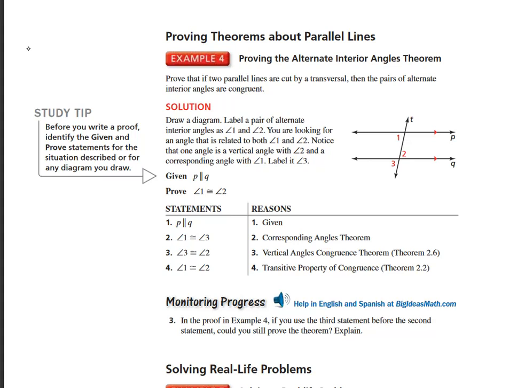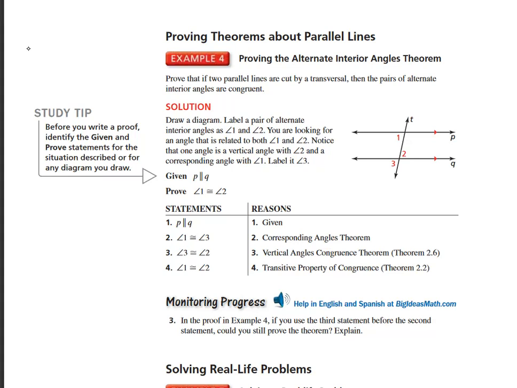Which is especially sad for me because it's like my favorite part of geometry. It was the thing that made me think, maybe I really like math. But it takes a lot of time. It's not absolutely essential for your success in your next math class. So that's where we're cutting. But I do want to give you a taste of it.